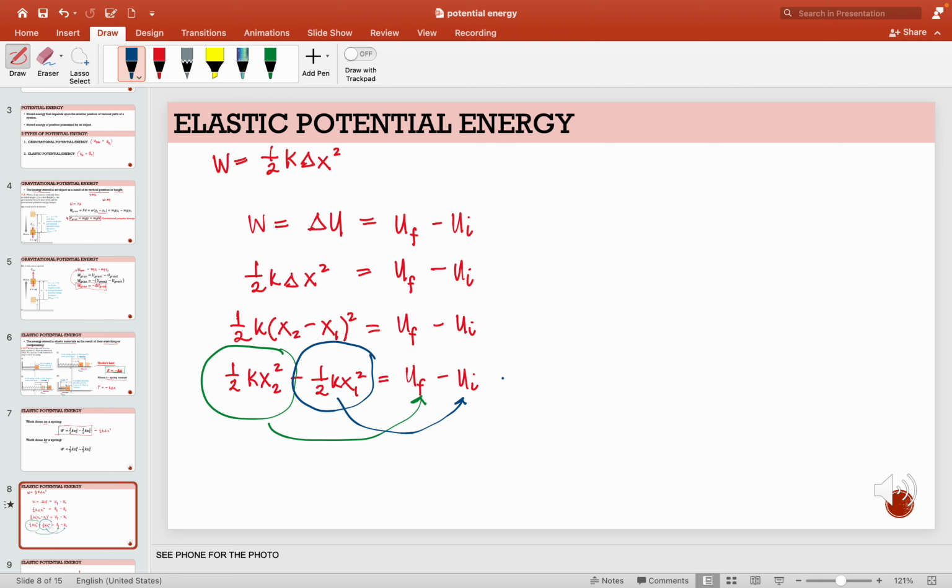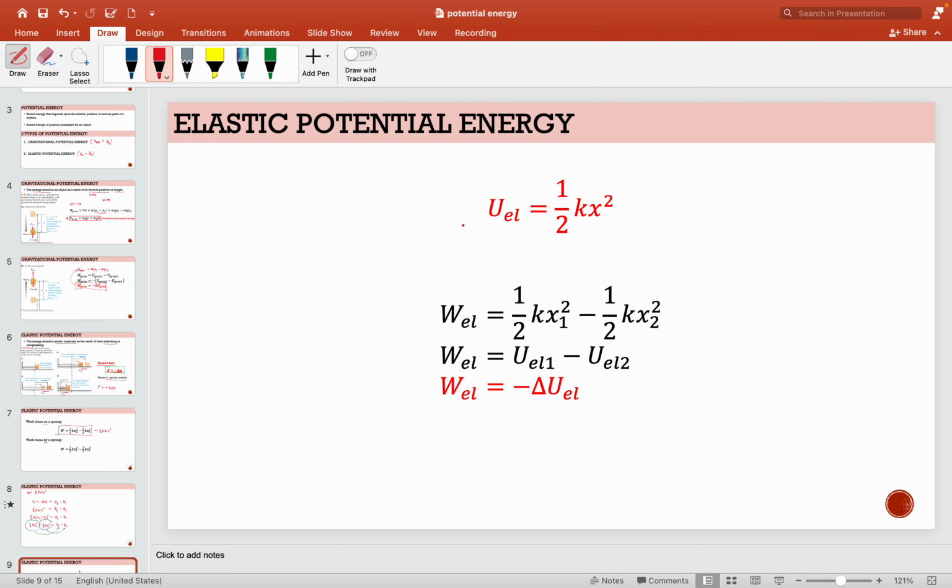So that's why our formula for the elastic potential energy is 1/2 k, which is the spring constant, times x squared.